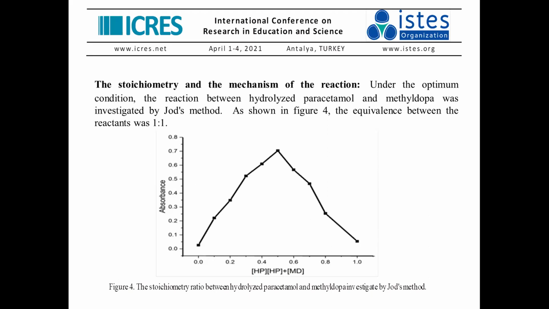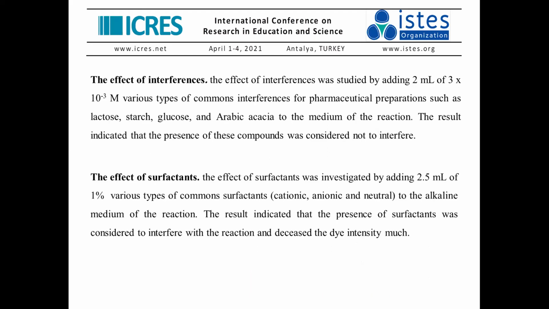That means adding different moles of the compound and studying the color intensity. And then after that, we found that the reaction between paracetamol, or hydrated paracetamol, and methyl dopa is 1 to 1, as we also saw in the mechanism.